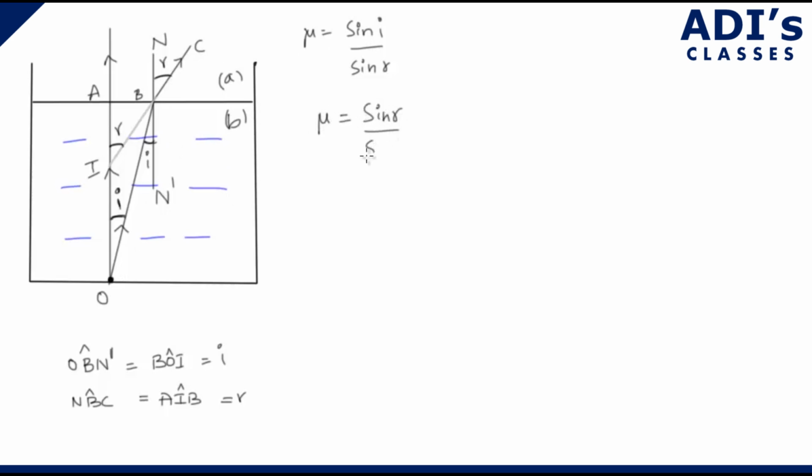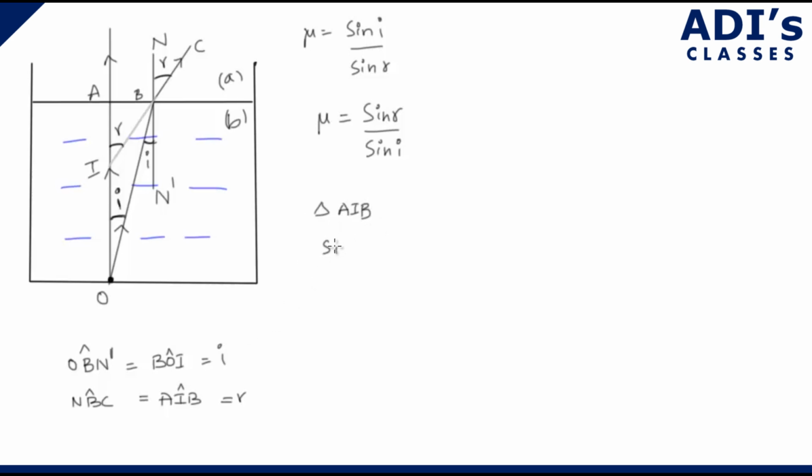So we have mu equal to sine R by sine I. We need to know sine R and sine I. This is the reason why we extend it. So we get this point I, and using the triangles we find sine R and sine I.